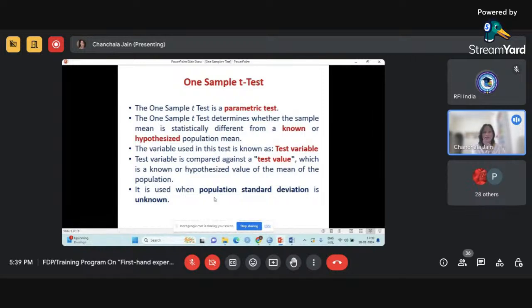Many times in research we are dealing with populations which are totally unknown to us, meaning we cannot know the total population or cannot collect complete data of the population. In such cases, the t-test is the suggested tool in comparison to the z-test, because the z-test is used when the standard deviation of the population is known to us. I hope slide number 1 is clear.